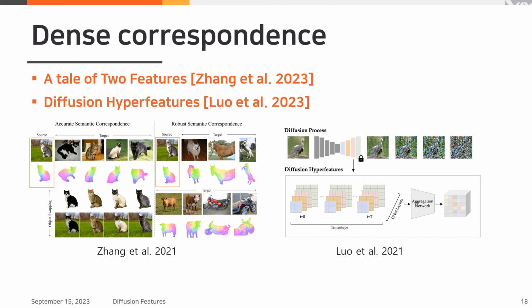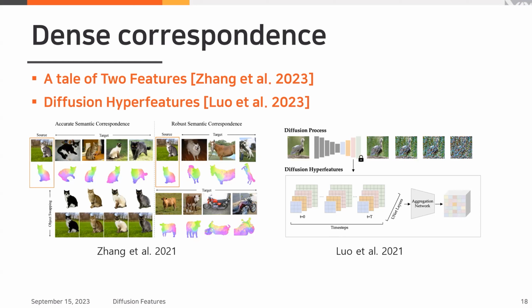What they found is that the diffusion feature has more well-explained spatial information. They know where the object has to be, and how these objects are made of.